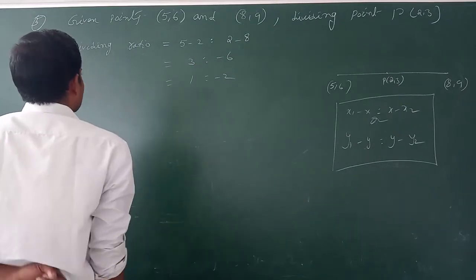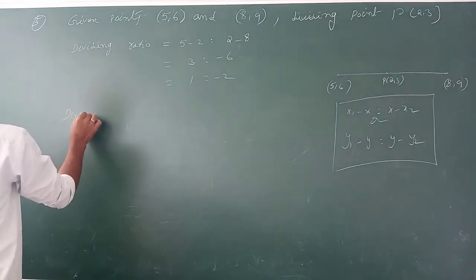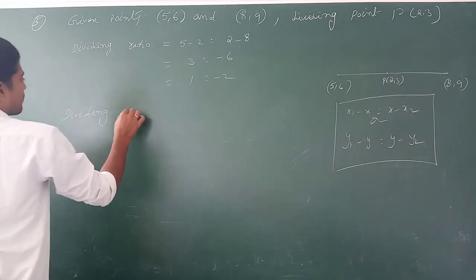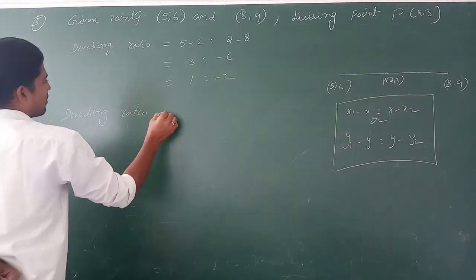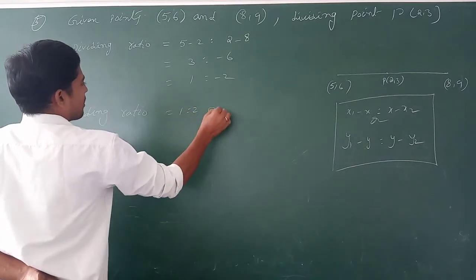Therefore, the dividing ratio is 1 is to 2 externally.